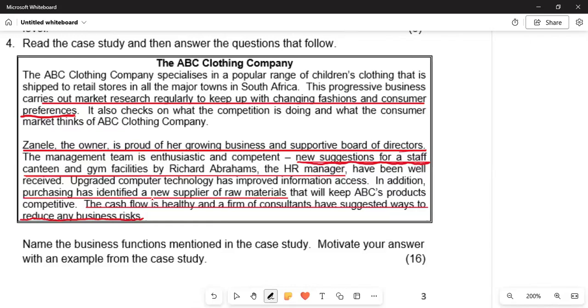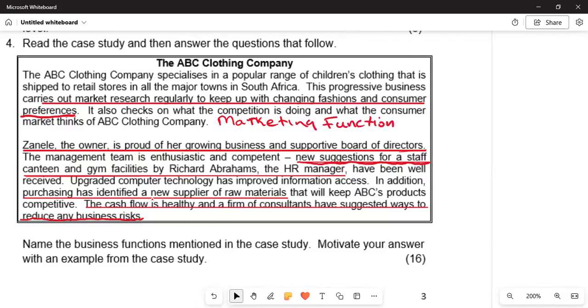This progressive business carries out market research regularly to keep up with the changing fashions and consumer preferences. That is where our answer is. You see, when it says it carries out market research, it means our function is what? Marketing. That is our marketing function.